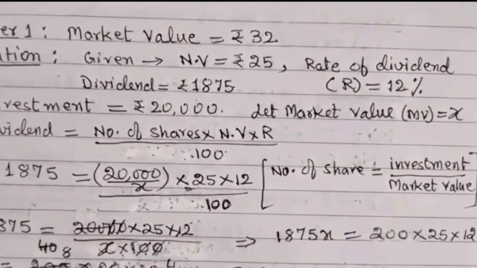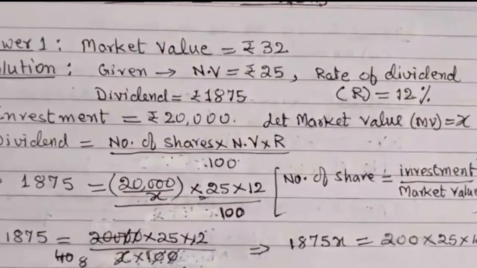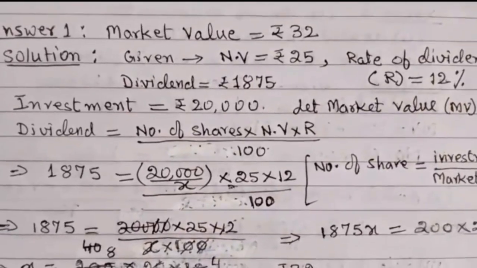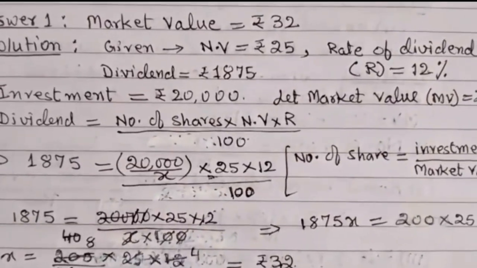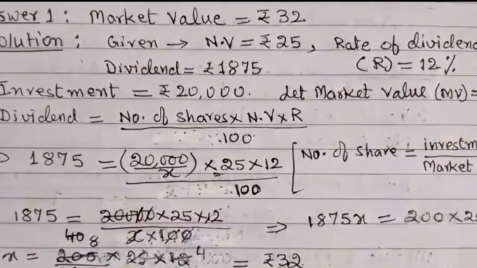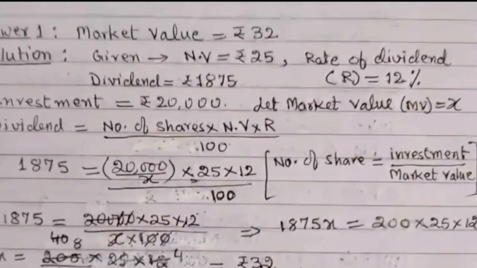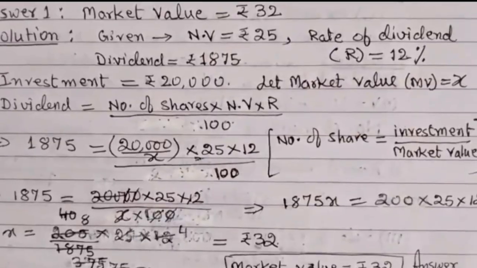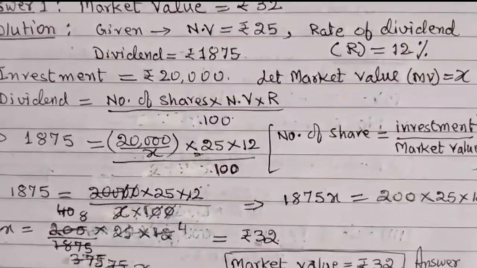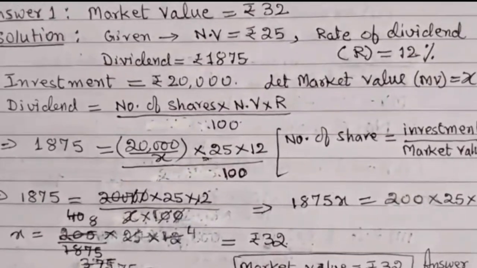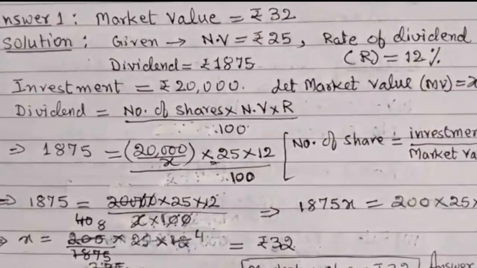The number of shares will be investment divided by market value, that is 20,000 by X. Now using the formula for dividend, dividend is equal to number of shares into nominal value into rate by 100. That is 1875 equals 20,000 by X, which is the number of shares, into 25, which is the nominal value, into 12, which is the rate of dividend, divided by 100.